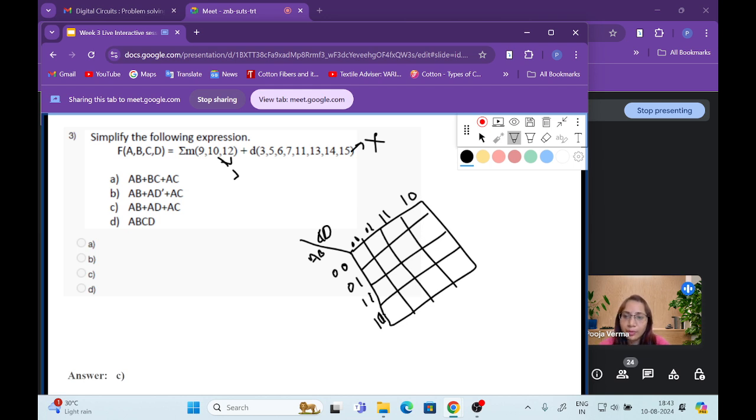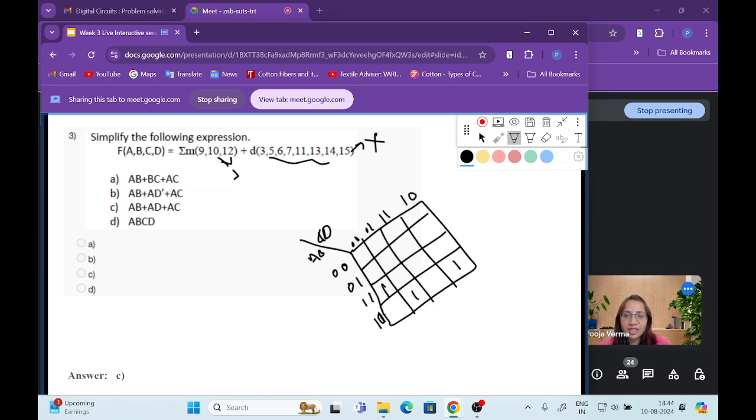So where are the min terms? So at the place of 9, right? So just check where it is 9. So 9 will be the place of 0, 1, 2, 3, 4, 5, 6, 7, then 8, 9. So 1 is here, 9, then 10, 12. 1 is here, right? These are the points where we need to put 1, and in all these places we need to put the don't care condition.